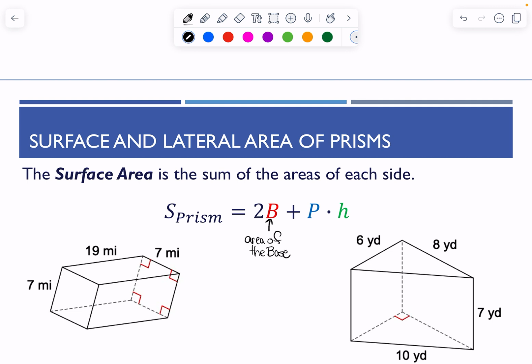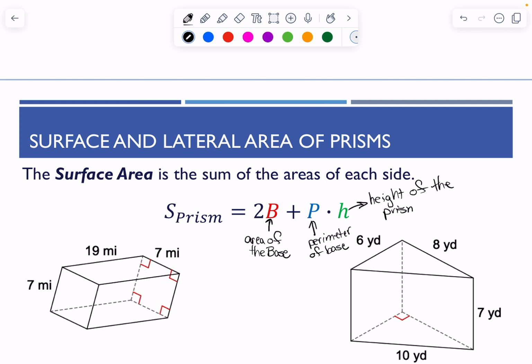So we only find one area of a base and multiply it by 2 because there are two exact same bases. Then we add that to the perimeter of the base multiplied by the height of the prism.